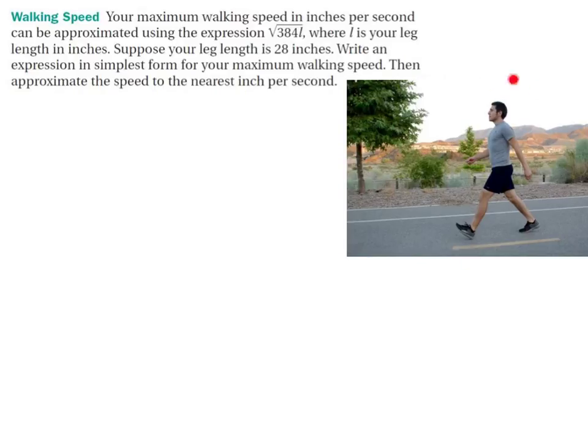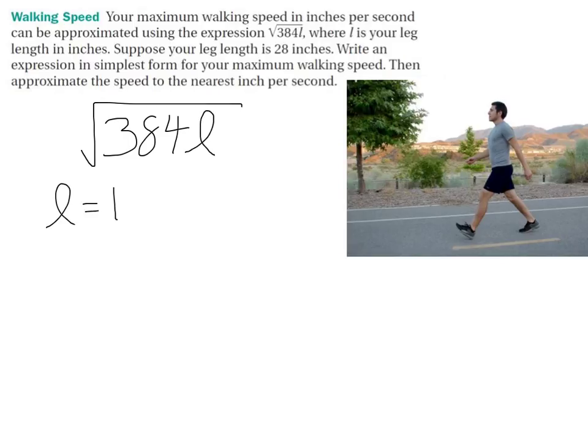All right, so here's a little diagram of it. What this is saying is use the expression the square root of 384 multiplied by L, and L is your leg length, of course in inches, and they're saying it's 28 inches.